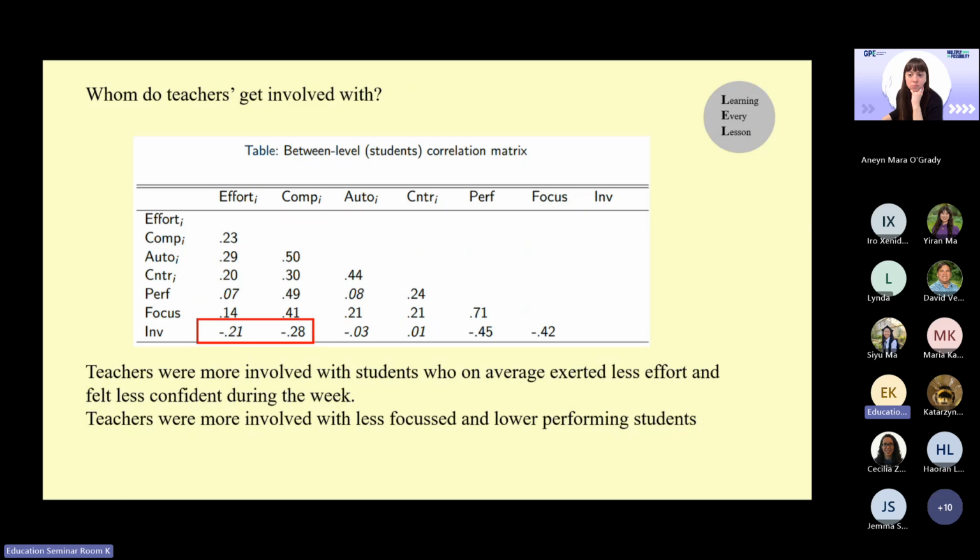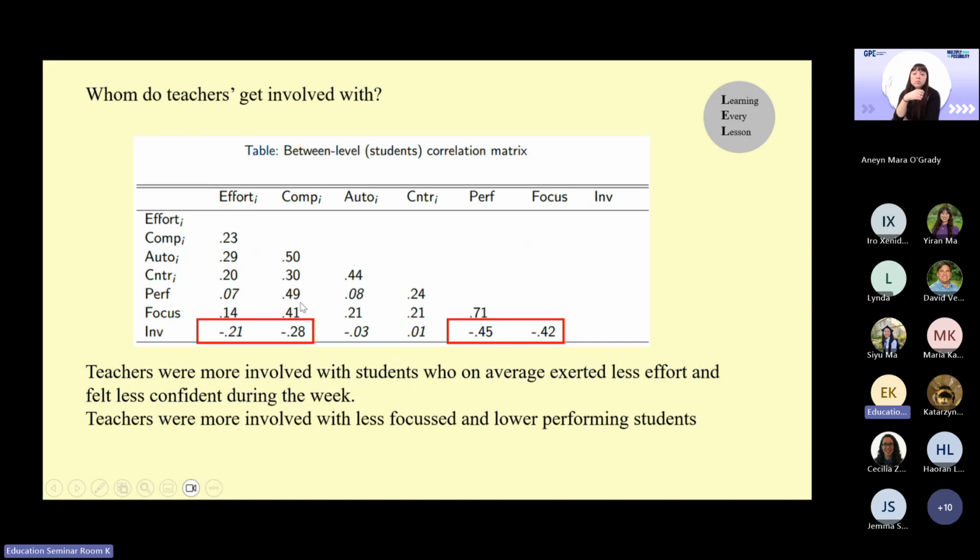So teachers target students to get involved with, and this seems like quite a reasonable and adaptable way of working with children. We see also that teachers are more involved with students who are lower performers and those who are less task focused. So these are the teacher perceptions, and these are students' own perceptions here.